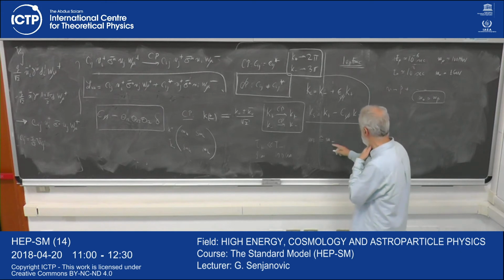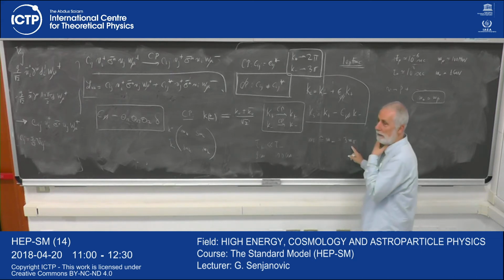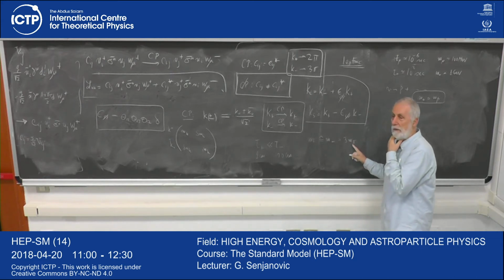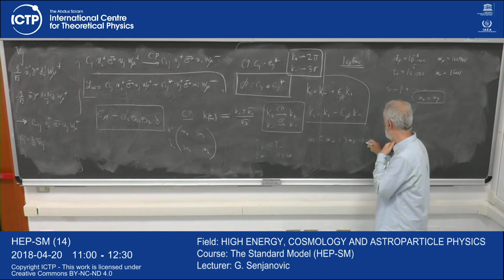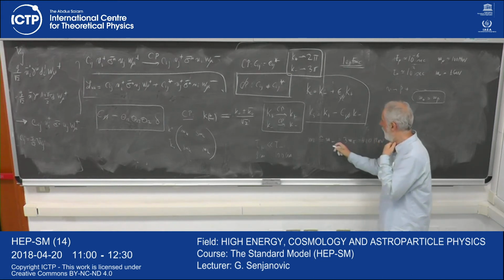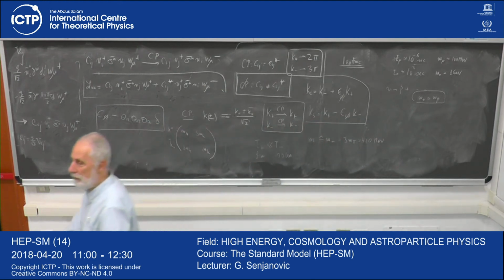And so it happens that M_K minus is roughly 3 M_pi, a little more. Pion is about 140 MeV, so this will be about 420 MeV, sorry. And these guys are around 450 or so. The phase space there is small.